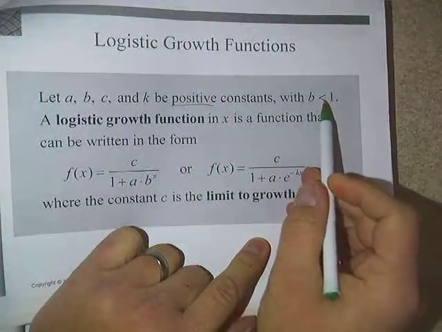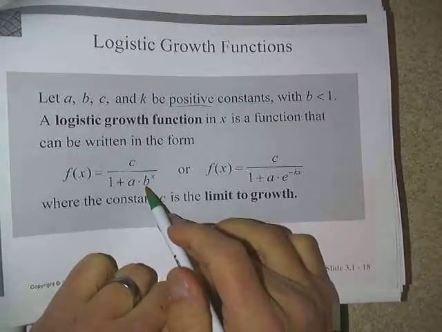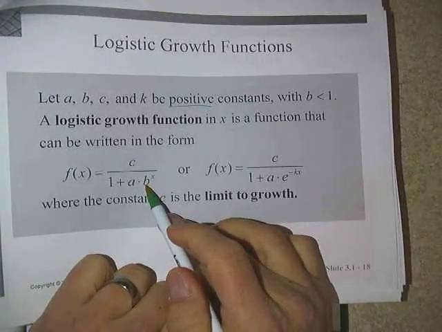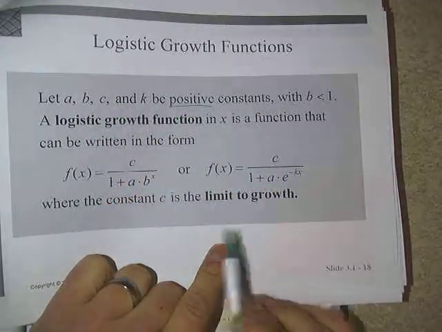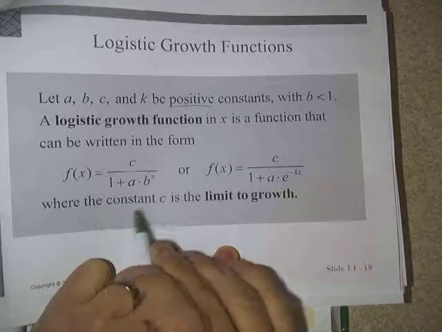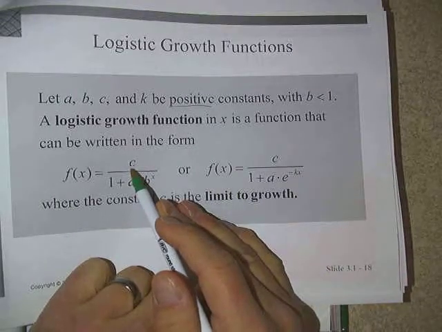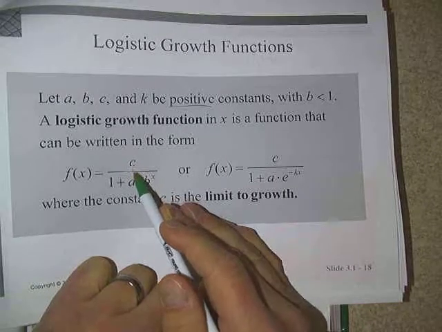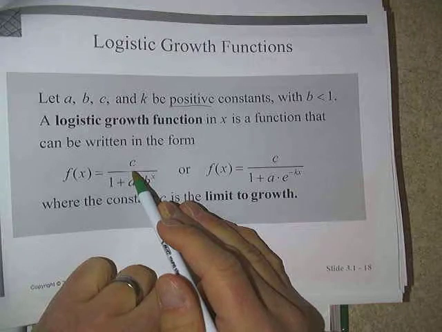The only stipulations here are a, b, c, and k need to be constants, and they need to be positive. And the b value here needs to be less than 1, so if it was written in this form, the b would have to be less than 1. Ultimately, they all have to be positive. And one other point here, the c is the limit to growth.